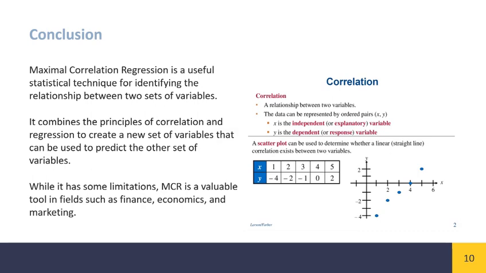So we have taken some values of x and y. In x we have 1, 2, 3, 4, 5, and in y we have -4, -2, -1, 0, 2. With the given values, we drew a graph. The graph was like this.